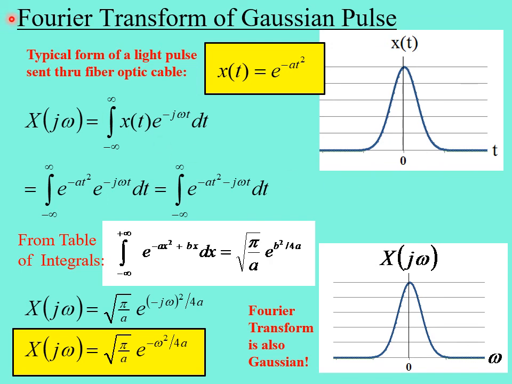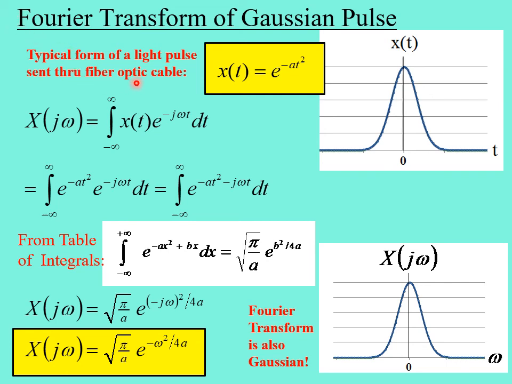Here's one more example of computing a Fourier transform. In this one, this is a Gaussian pulse. And this one has some important applications in more advanced courses, for example, on communication systems involving fiber optics and light pulses sent over fiber.